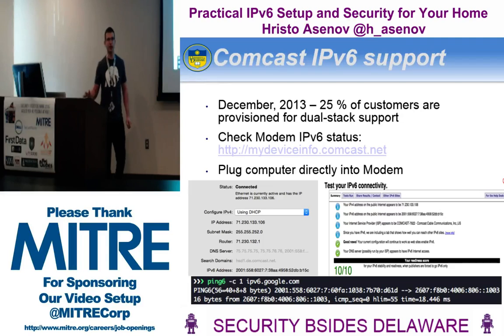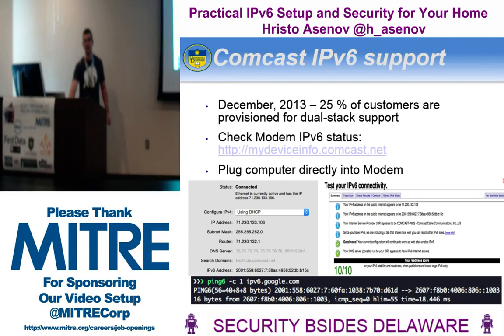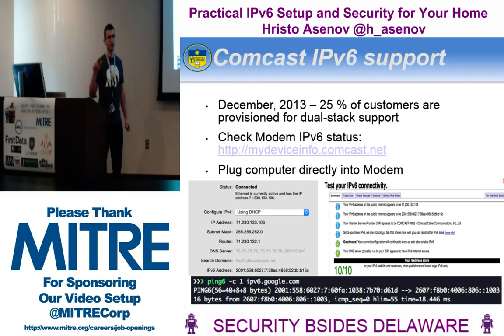If you're a Comcast customer and you want to find out if you have V6 enabled, you can check your modem online to see whether it's V6 enabled. You would go to this website and see if there's a check mark next to your modem.